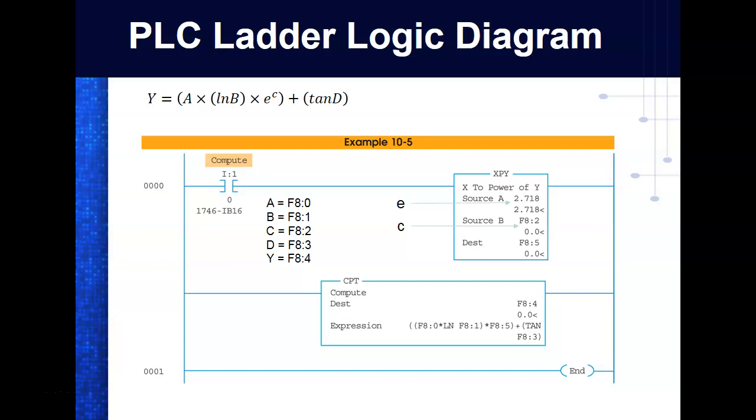So here's the equation. We're going to take F8:0, then we're telling our PLC to take the natural log of that. Then we're going to take F8:1. Where did I get F8:1 from? This is B. This is source B. So anytime I see B, I'm going to use F8:1.